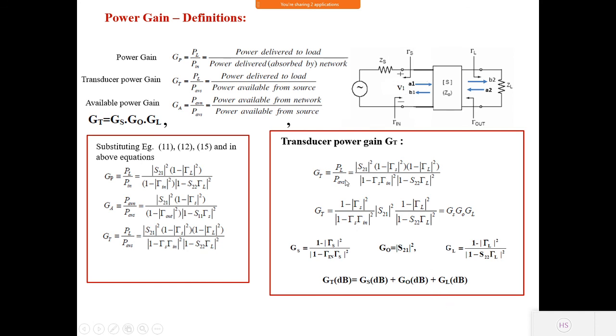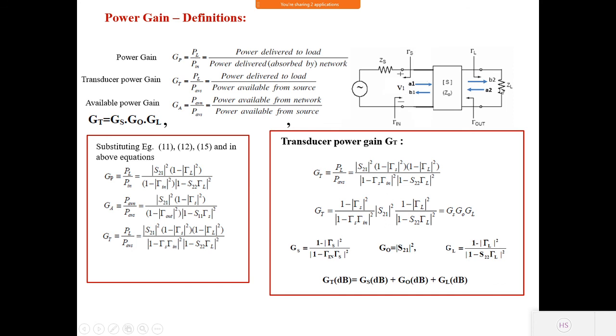Here also we separate the terms, because the gain of the amplifier depends on all these parameters. For simplification, you can treat this as one term and this as another. The first term is related to ZS, and the third term is related to ZL. So we keep this as GL, this term as GS, and this S21.